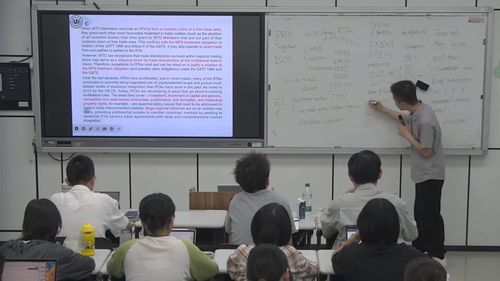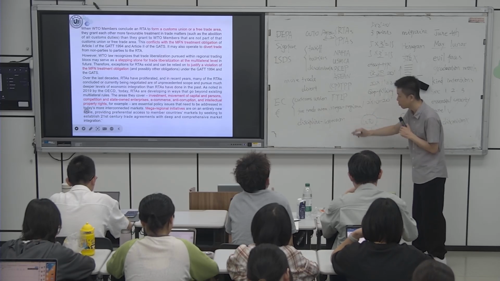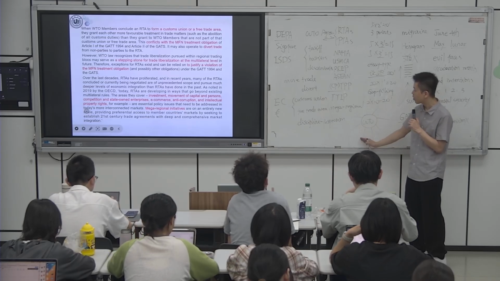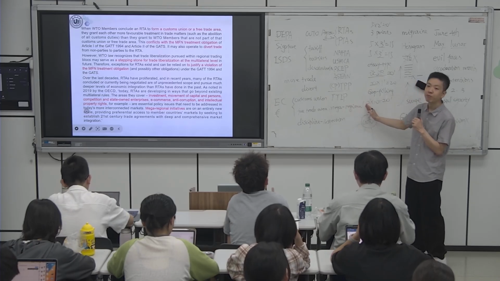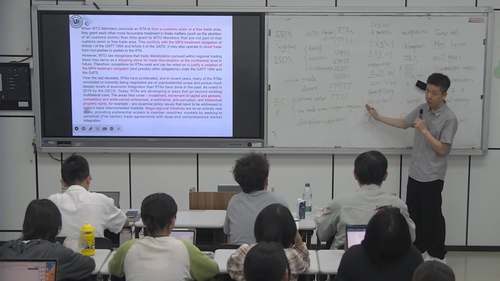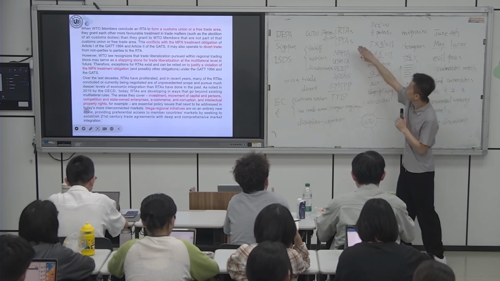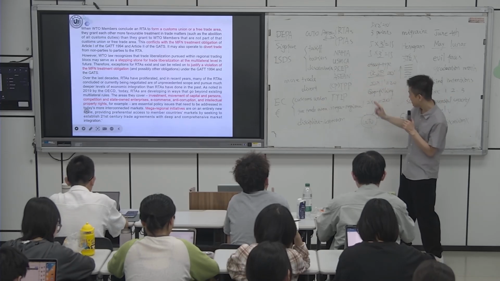And it has so many related issues: e-commerce, AI, environmental protection, anti-corruption, intellectual property rights, investment, movement of persons and capital. Not just the WTO, also including WTO's exceptions, the RTAs.